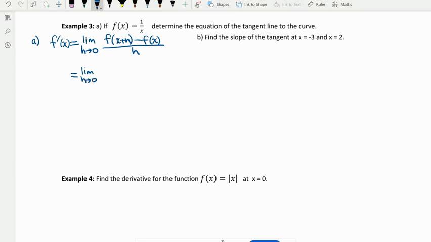And plugging in the actual function, 1 over x plus h minus 1 over x, over h.